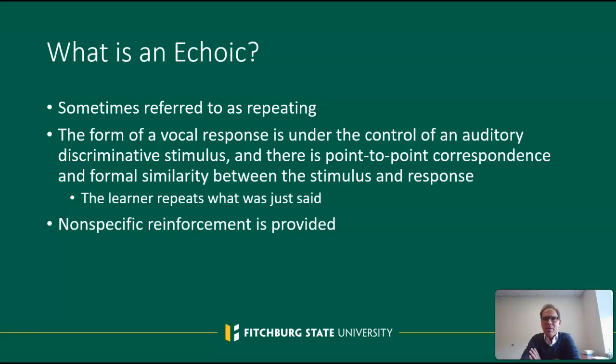This is a precise and fancy way of saying the learner repeats what was just said. There's some auditory, vocal stimulus, and then there's point-to-point correspondence, so the same thing said in the same way between the stimulus and the response. And then some kind of non-specific reinforcement is provided.